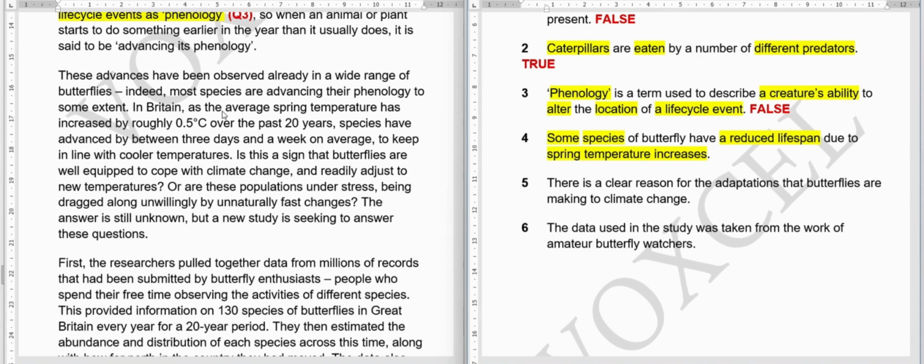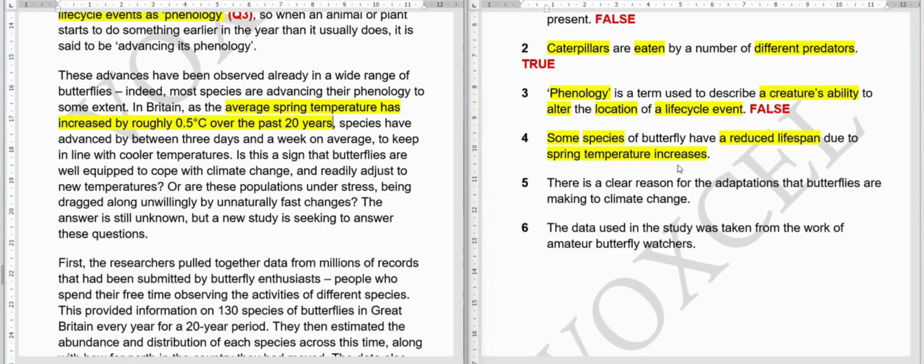In Britain, as the average spring temperature has increased by roughly 0.5 degrees Celsius over the past 20 years. So here is our locator word, average temperature, sorry, increased. So spring temperature increases.